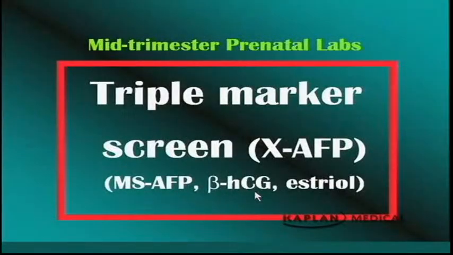Okay, because of the low sensitivity of the maternal serum AFP for Down syndrome, additional screening markers were brought in, which include the beta-HCG and the estriol. And this is now used throughout the country to increase the sensitivity for the pickup of Down syndrome. And you can increase the sensitivity from 25% up to 65 to 70%.